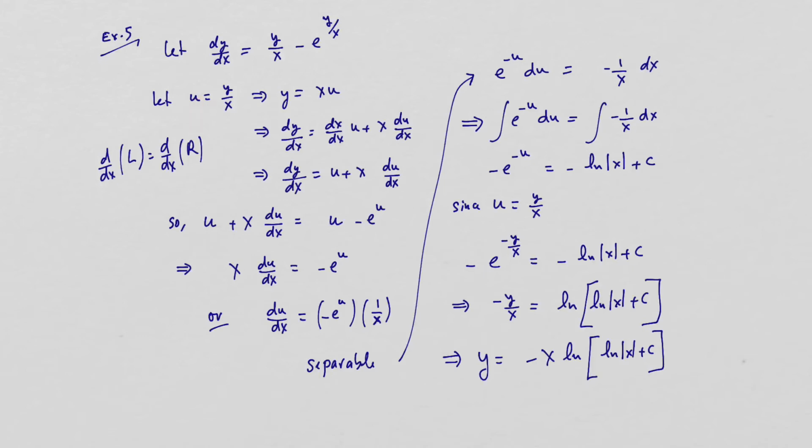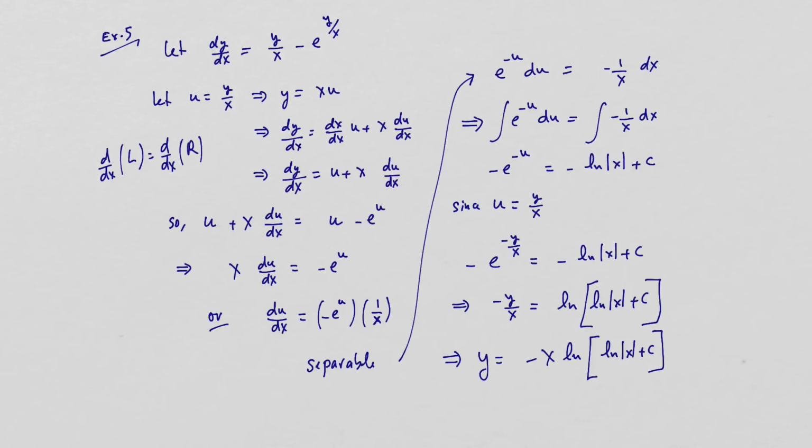So if u equals y over x, cross multiply, you get y equals xu. Then I differentiate the left-hand side with respect to x, and I differentiate the right-hand side with respect to x. So d dx of y is dy dx, and d dx of this is the product rule, okay? So you get u plus x du dx.